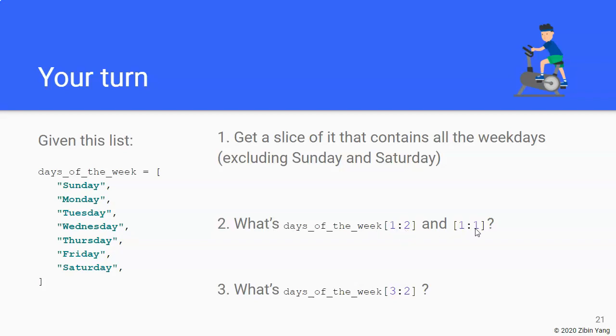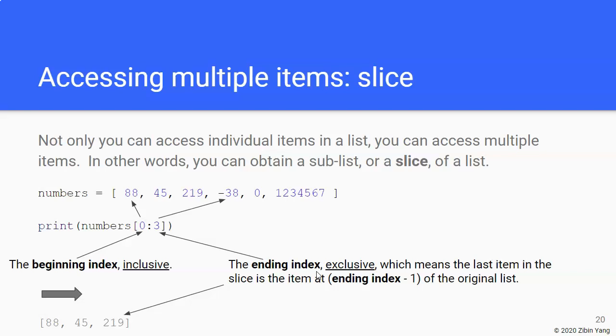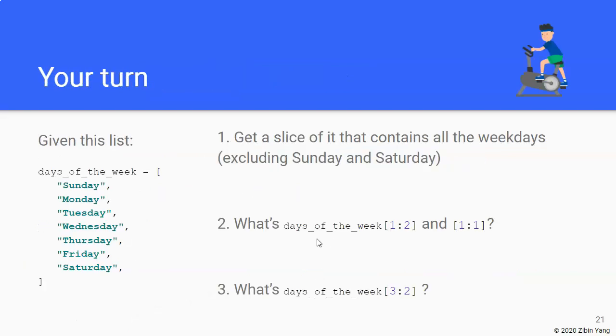What about 1:1? And finally, what if we flip this around, 3:2? What do we get? So think about these in your head first, given this definition, and then verify what you're thinking with actual code.